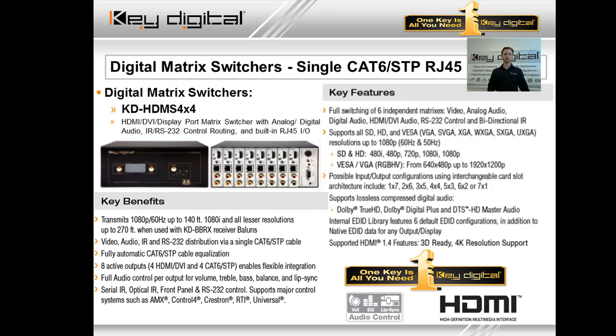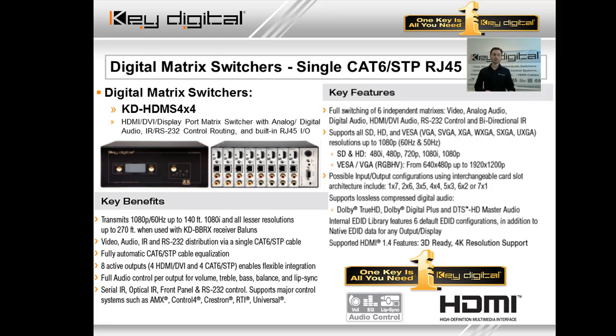The Hercules series switcher, KD-HDMS4x4, has the ability via the built-in RJ45 ports to send 1080p up to 140 feet away from the matrix when you integrate it with a BBTX or BBRX, or lesser resolutions, i.e. 1080i, 720p, or even 1080p at 24 frames per second, or your comparable computer resolutions up to 270 feet approximately.